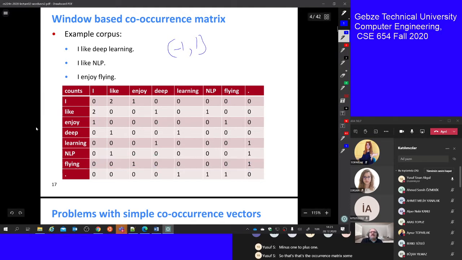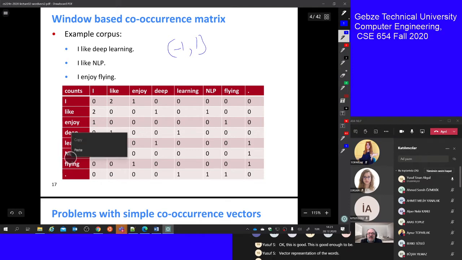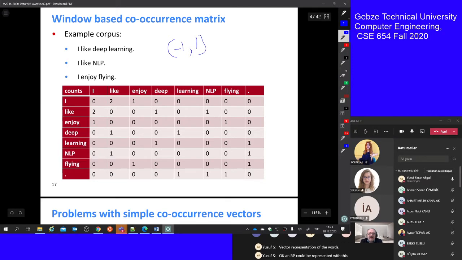Some people say that this is good enough to be a vector representation of the words. NLP could be represented with this vector of size 1, 2, 3, 4, 5, 6, 7, 8. Why is it 8? Because there are 8 words in my vocabulary. My vocabulary size is 8, so 8-dimensional vectors for each word.